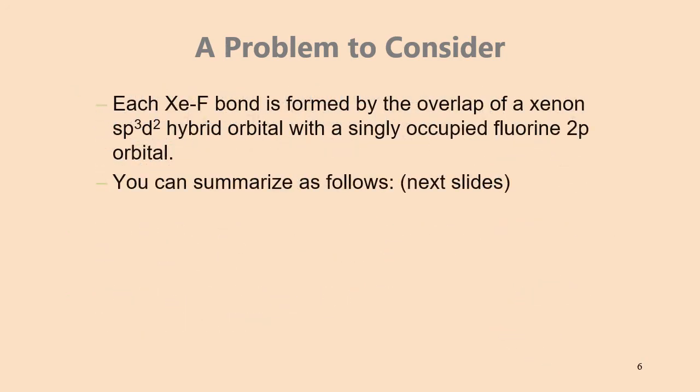We can get an idea that each xenon-fluorine bond is formed by the overlap of a xenon sp3d2 hybrid orbital with a singly occupied fluorine 2p orbital. You can summarize as the following in the next slides.